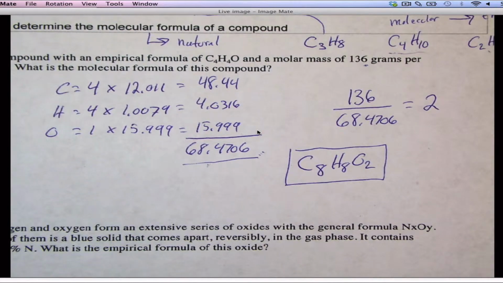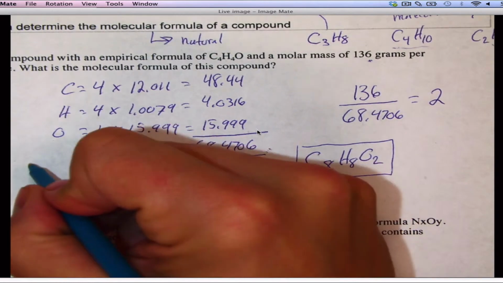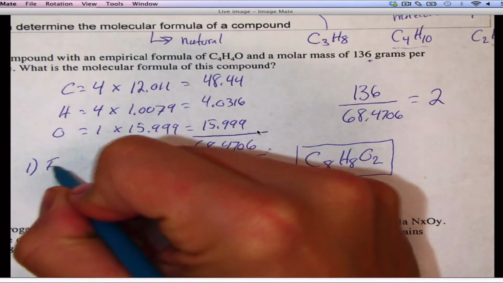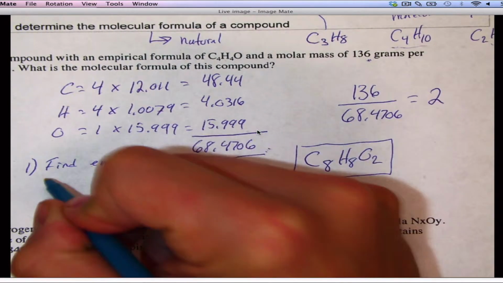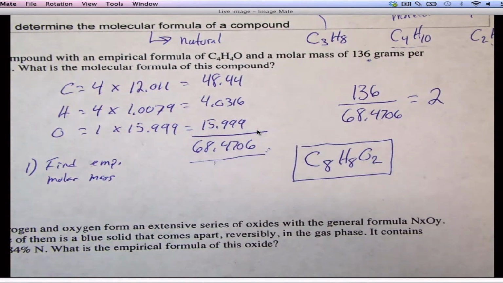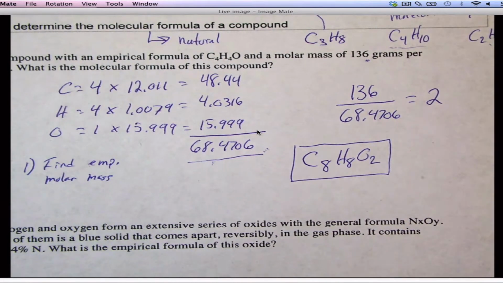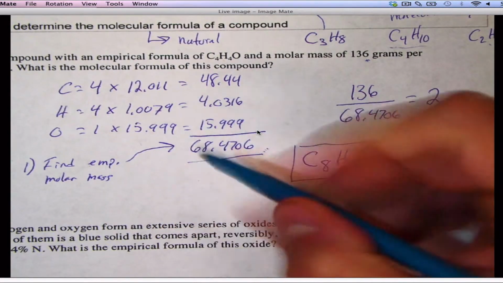So what we basically did in that problem is take the empirical formula and figure out the molecular formula. If we think about it in steps: first step, find the empirical molar mass, which some people call formula mass or gram formula mass. It all means the same thing. That's what I did here.